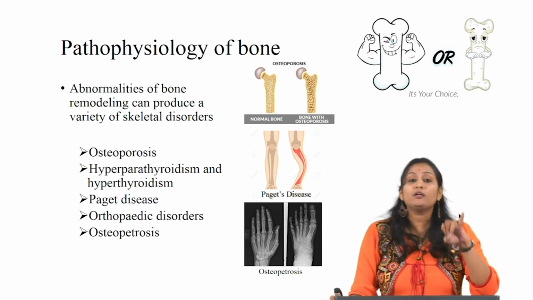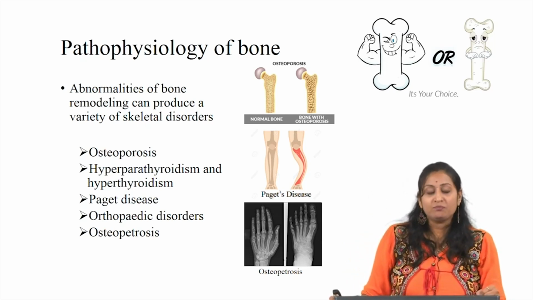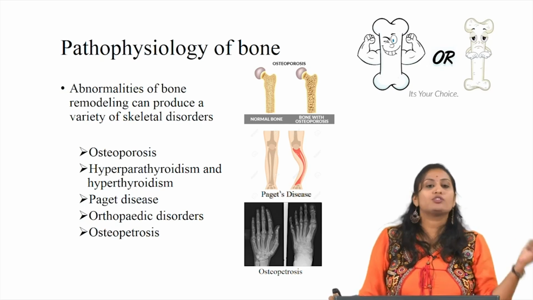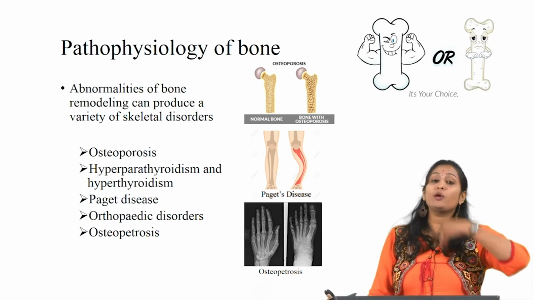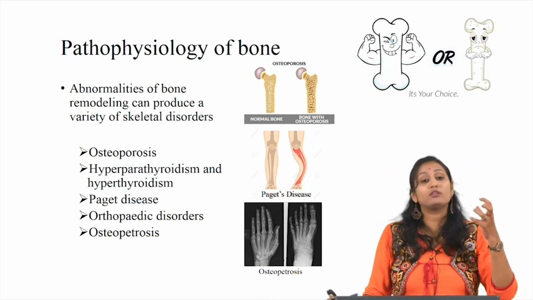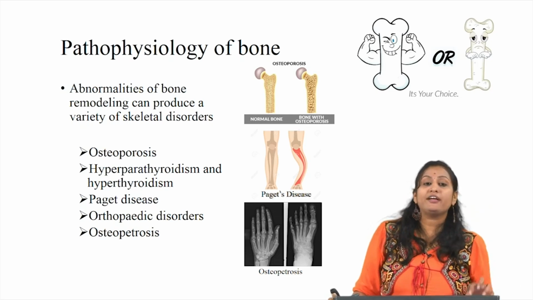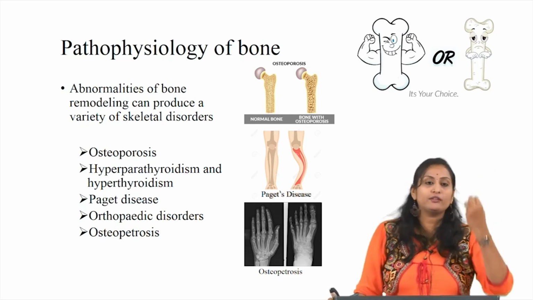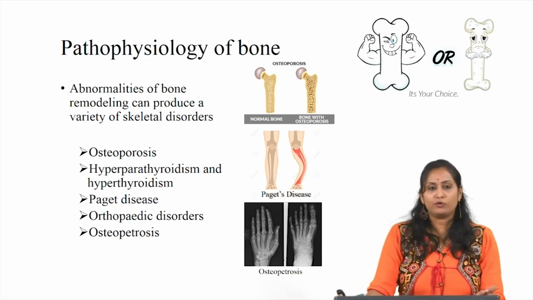One, the peak bone mass is not formed completely, or there is an imbalance between osteoclast function and osteoblast function, or there is overactiveness of osteoclasts, like osteoclasts being activated too much, thereby resorbing bone more than bone formation, that is osteoporosis.